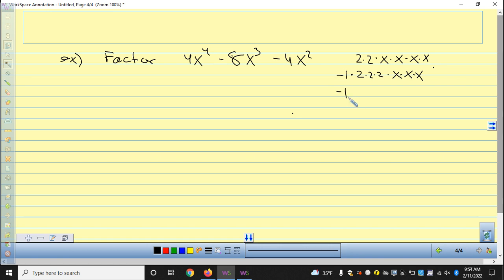And here we have minus 1 times 2 times 2 times x times x. So our GCF is what is included in all of those. So I have a 2 times 2 times x times x, 2 times 2 times x times x, 2 times 2 times x times x. So the GCF is 4x squared.